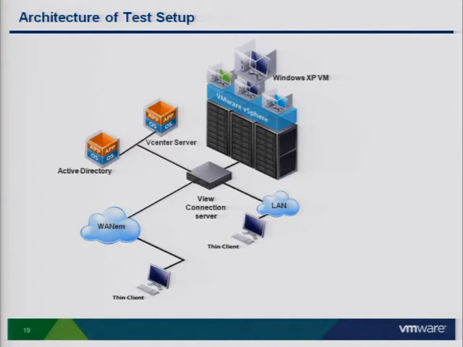WAN-EM is available as a Linux ISO. We put it in a virtual appliance, and we configured the network such that by changing the routing tables on the Windows XP VM, we forced packets getting out of the VM towards the client to go through WAN-EM. So all the latency that was injected using WAN-EM was impacting the display packets moving between the XP VM and the clients.